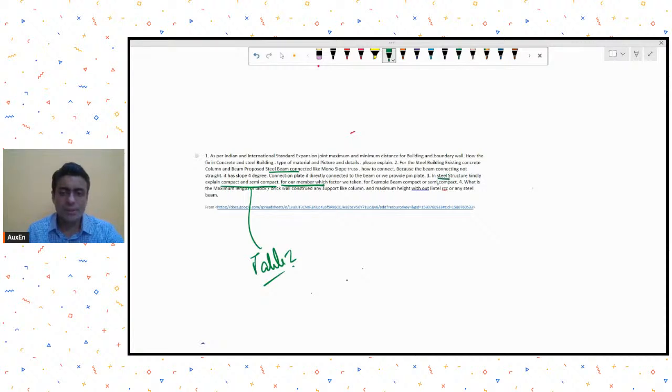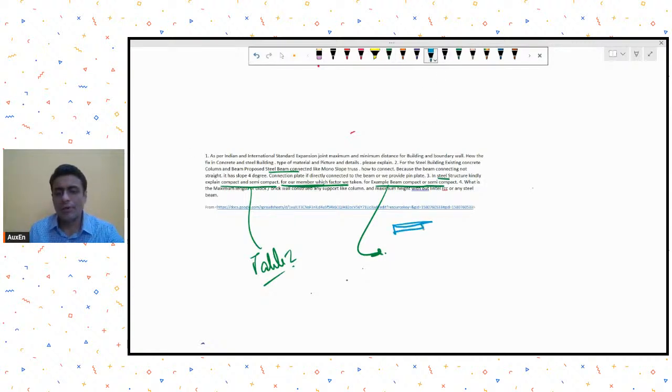So his question is, so in the course we have very well explained what is the meaning of compact, semi-compact, and how to do all these classifications. And then his question is example beam. Okay, so he's asking whether for our beams we should take compact, semi-compact. What should we take?